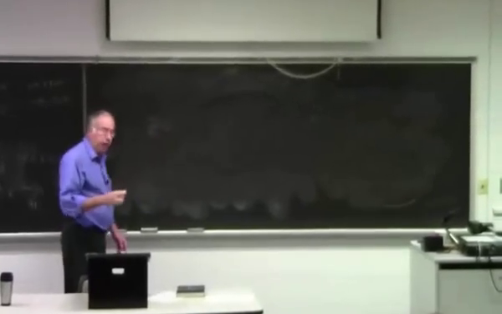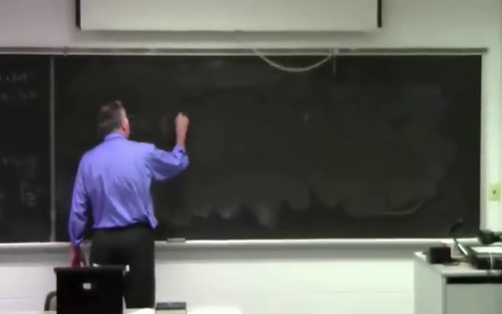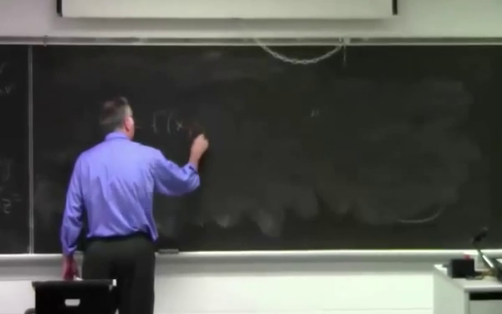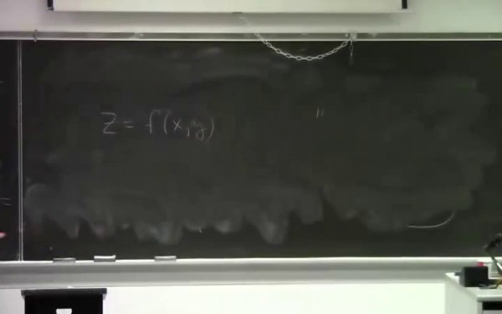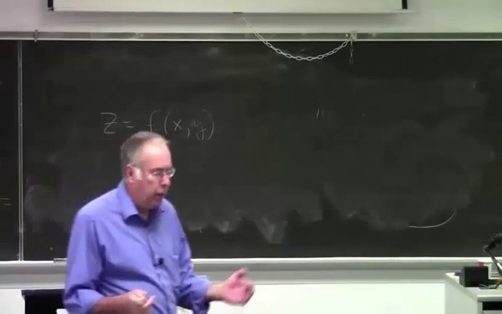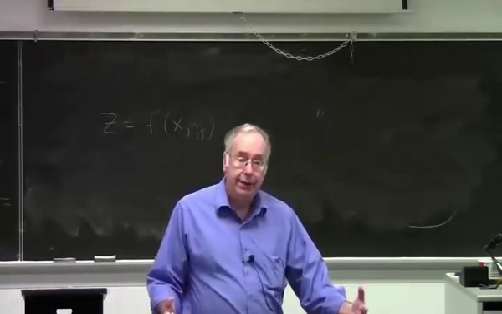Z is a function of x and y. Now, there are two choice variables, x and y. And suppose that this is a maximization problem. So what you want to do is choose the values of x and y so that you get the maximum value of z.